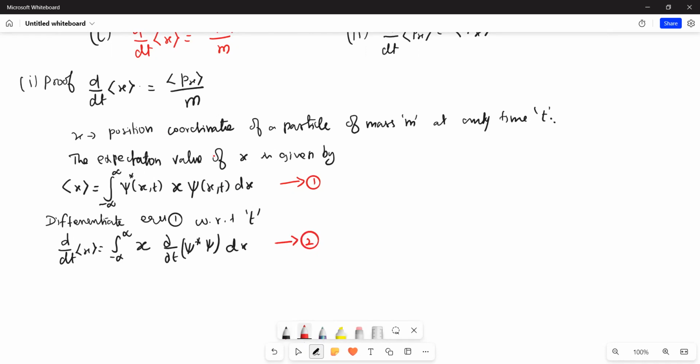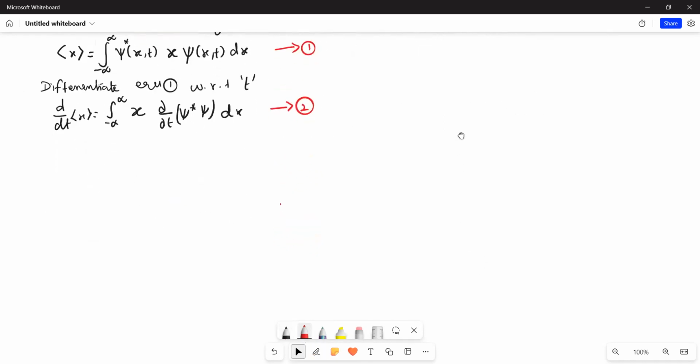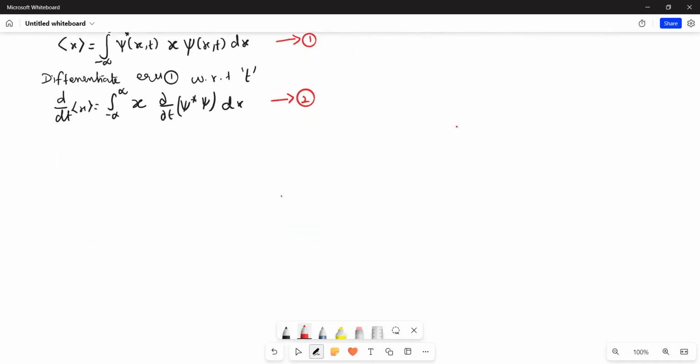Now we have the expectation value of x, and after that we differentiated it with respect to t, so this is d by dt of the expectation value of x. Now consider the probability current density equation.